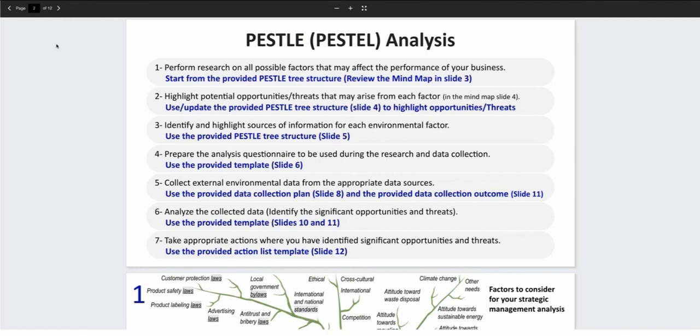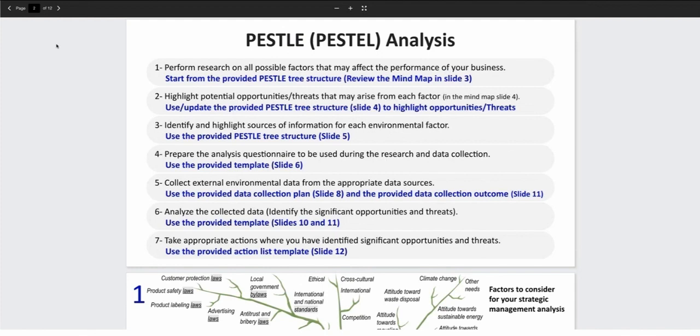Then we will prepare a set of questions for doing the analysis. We are also going to consider a type of research where we do some data collection. This may be producing surveys, or just making a questionnaire for ourselves, with questions that we are going to respond to.